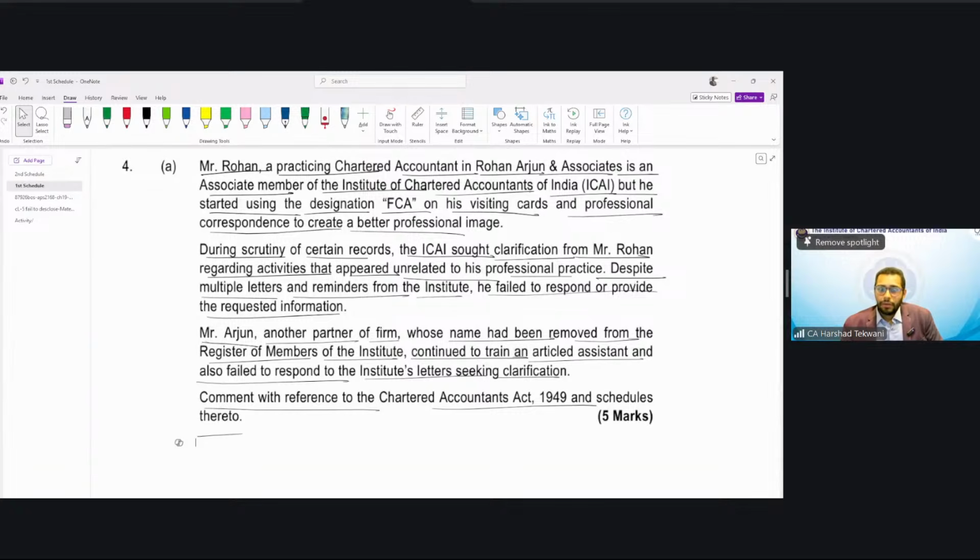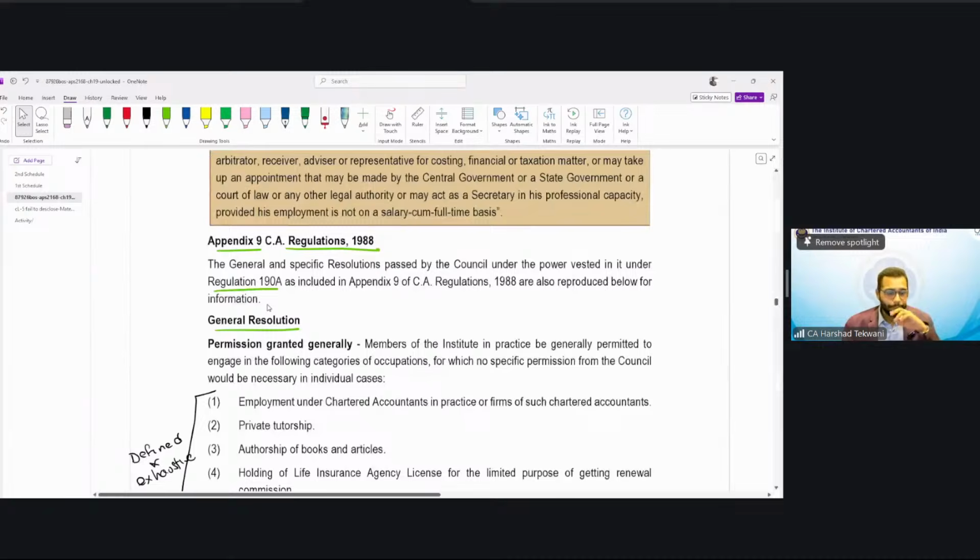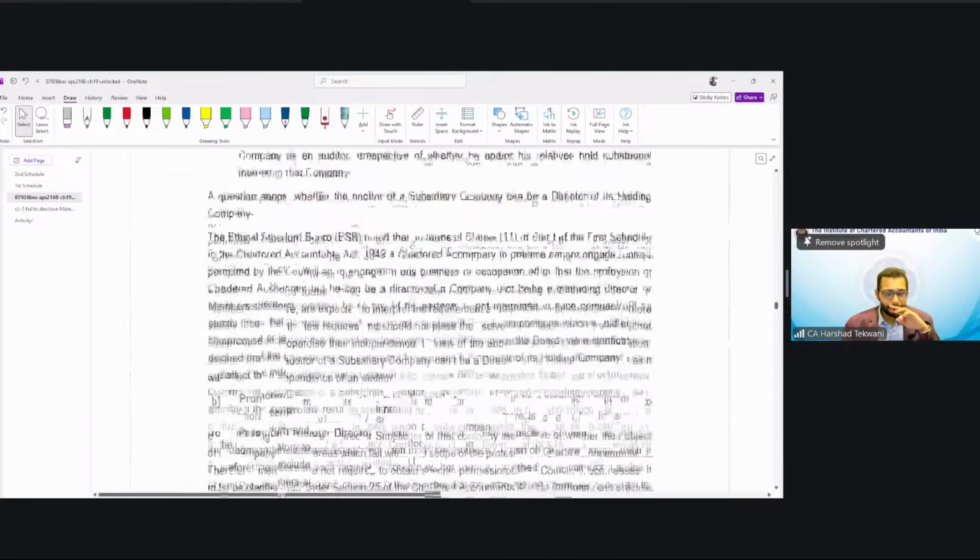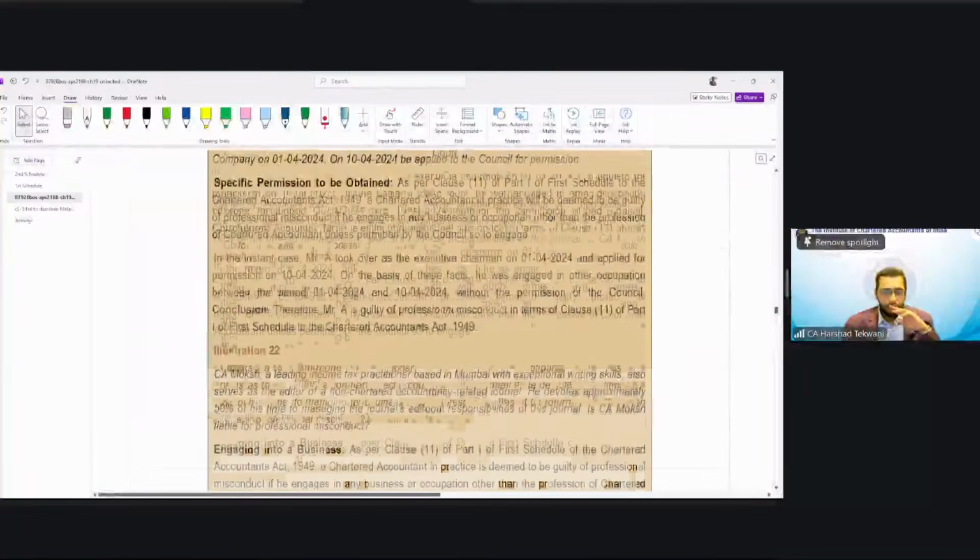Okay, about the current question, where they have not replied and they are using the designation of FCA, what do you think on this? Anyone? Okay, so let me take you to the particular clause that we discussed in the previous session also. Very important.